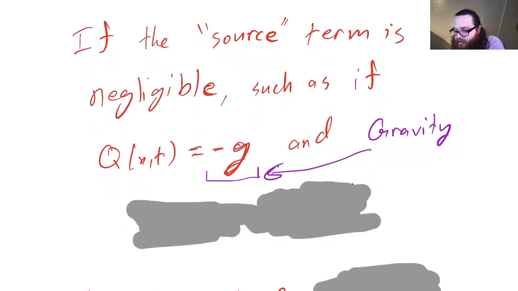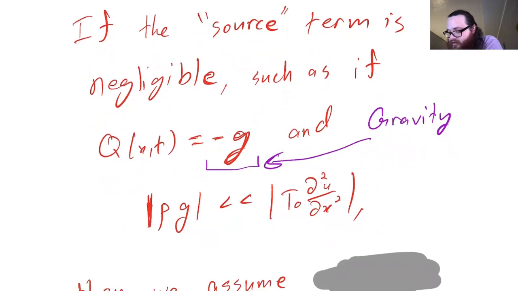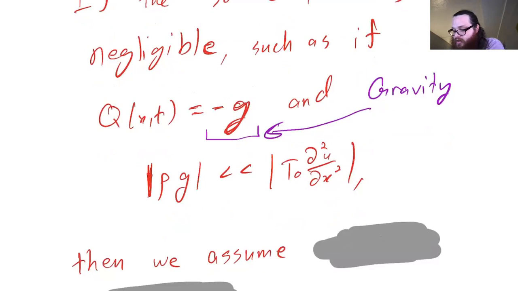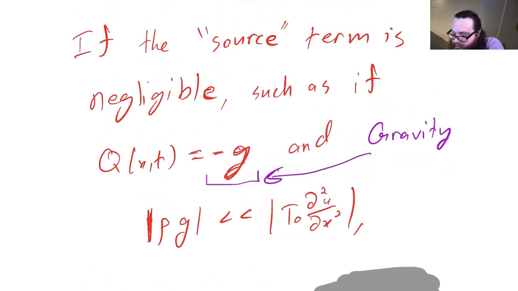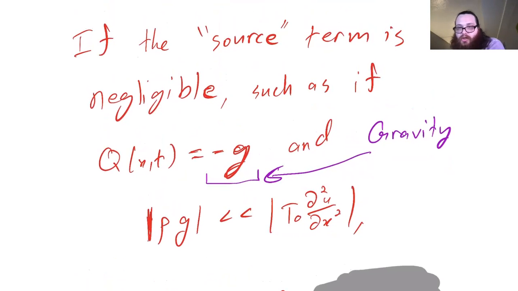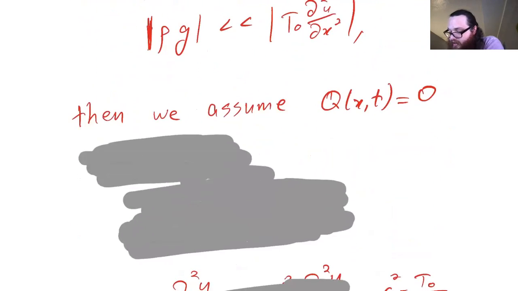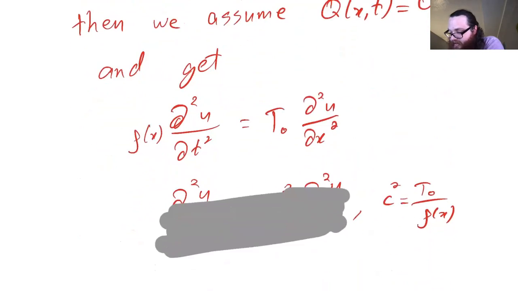So usually this source force might be gravity, but maybe gravity is not nearly as strong as the forces being exerted by tension, right? So what's being written here is the absolute magnitude of this gravitational force is significantly smaller than these tension forces. So this is a situation where we can ignore Q or set Q to 0, right? So mathematically, that's what we get. And so we get that simplifying assumption.